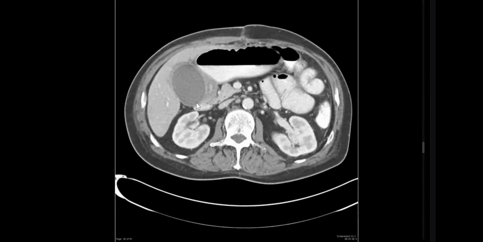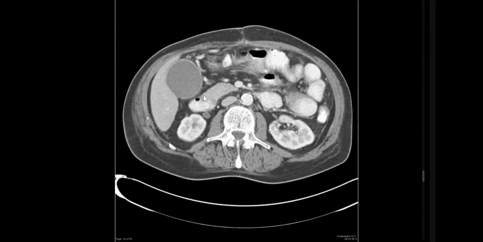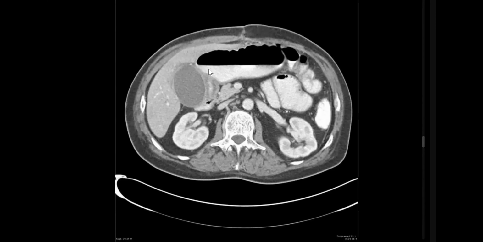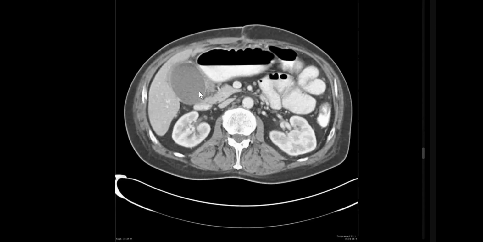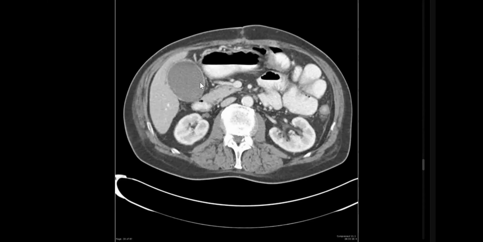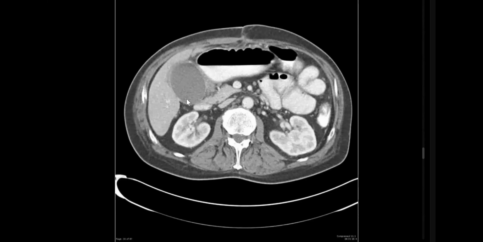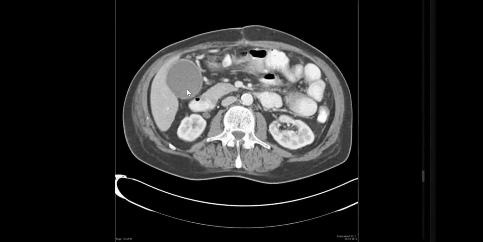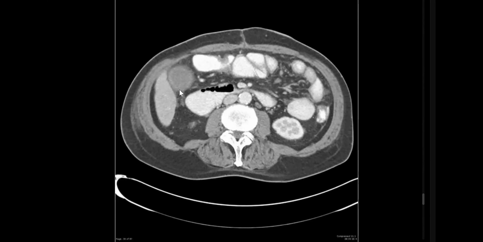So on the first study, you see, my friends, enhancing wall. By the way, it's common to see a stone on ultrasound. On CT scans, the stone may be radiolucent. It's not radiopaque, but commonly a stone should be seen. You see here from the first study some debris inside.